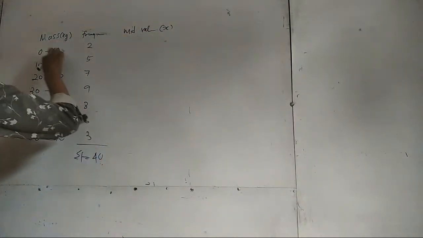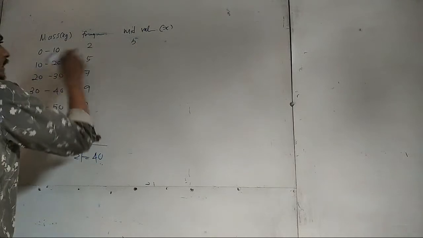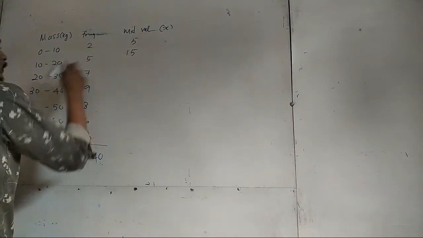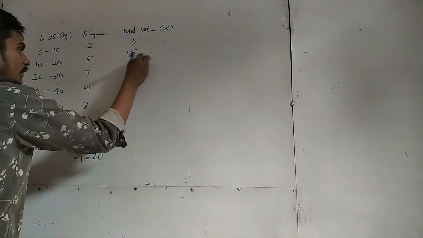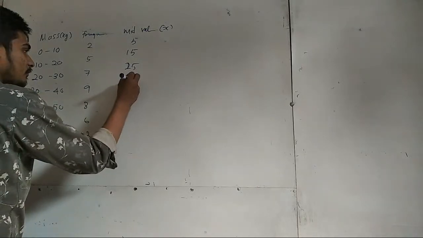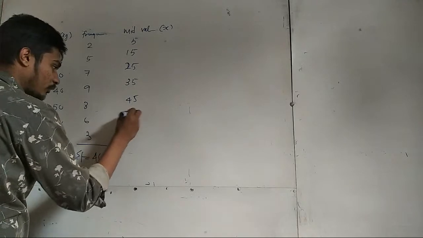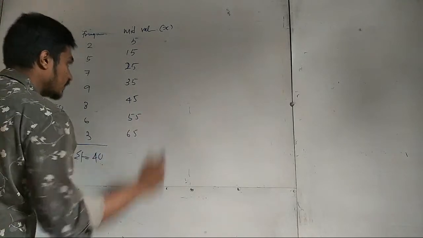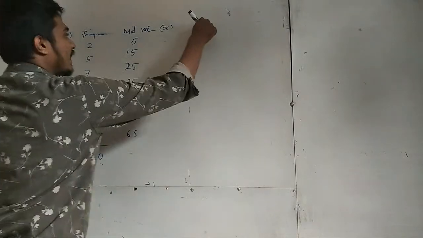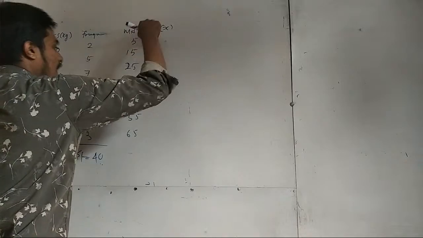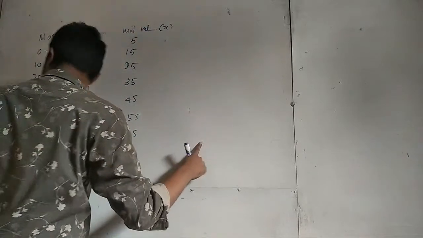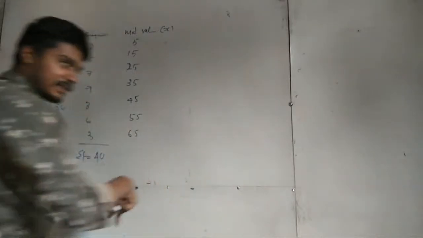The mid value of 0 and 10 is 5, 10 and 20 is 15, 20 and 30 is 25, 30 and 40 is 35, 40 and 50 is 45, then 55, then 65. You can do it using sigma fx over sigma f: make an fx column, multiply everything respectively, get sigma fx, and divide sigma fx by sigma f. That is the easiest technique.